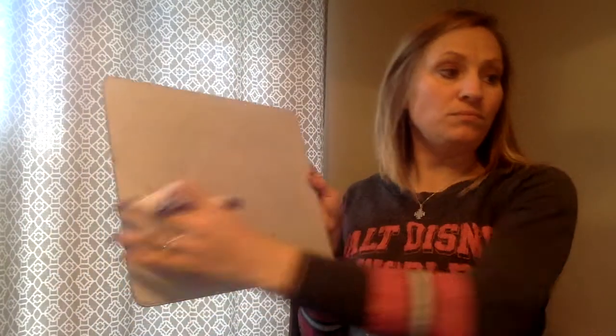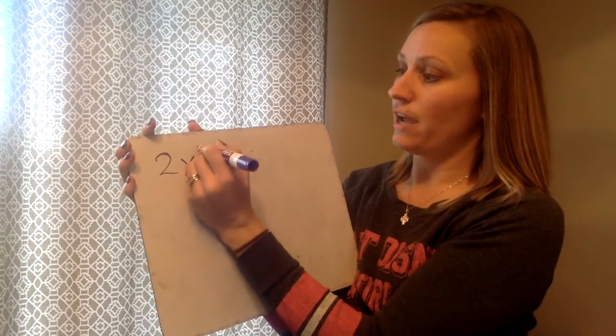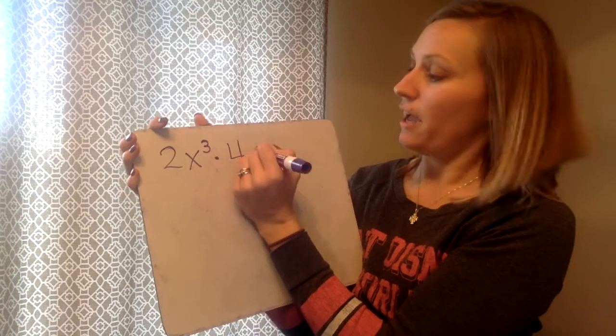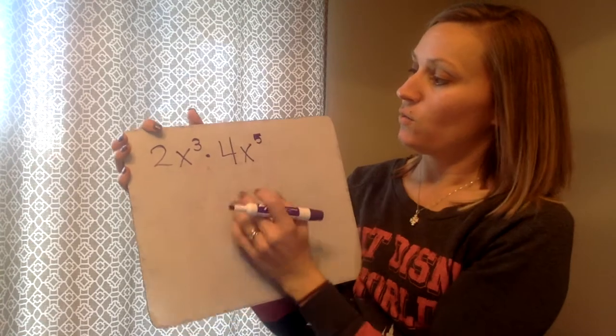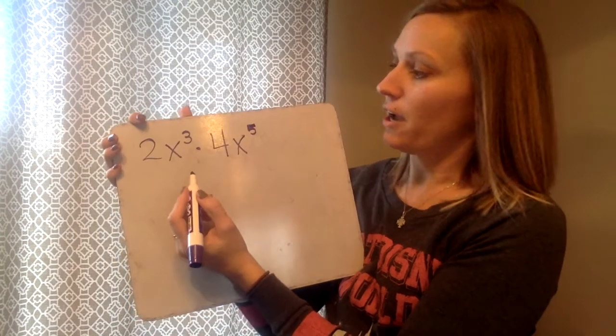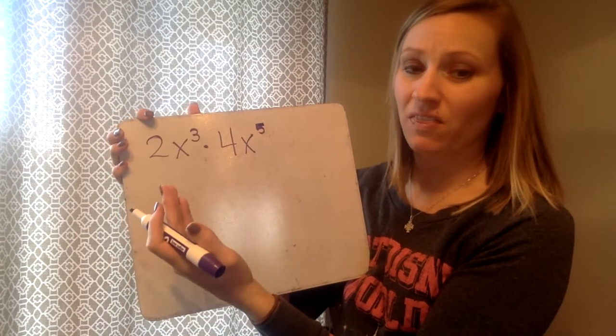Let's say that we have a coefficient in front of it. So we have, for example, 2x to the third times 4x to the fifth. Well, with multiplication, remember, we can reorder and it doesn't matter. So like if I did 3 times 4 or 4 times 3, I still get the same thing.